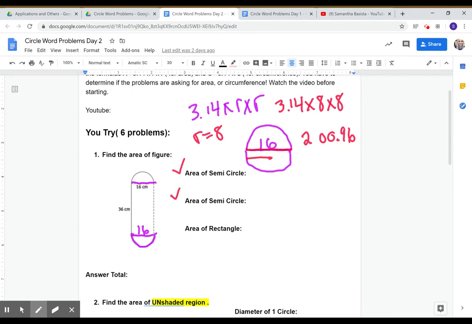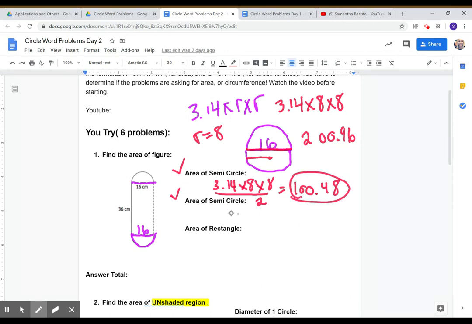If I find the area of a semicircle, I would do 3.14 still times 8 times 8. But remember, we only have half of it, so I'm going to divide it all by 2. So 3.14 times 8 times 8 divided by 2 is 100.48.